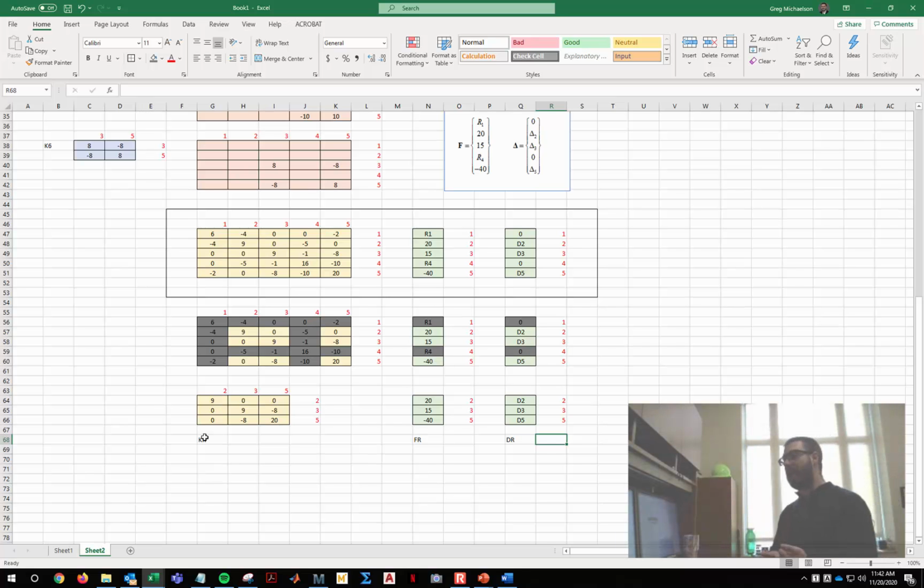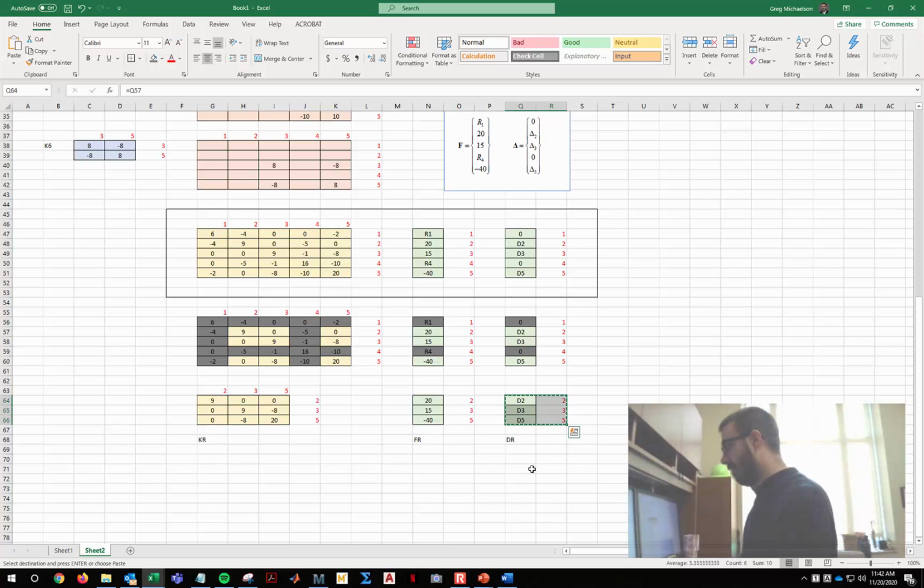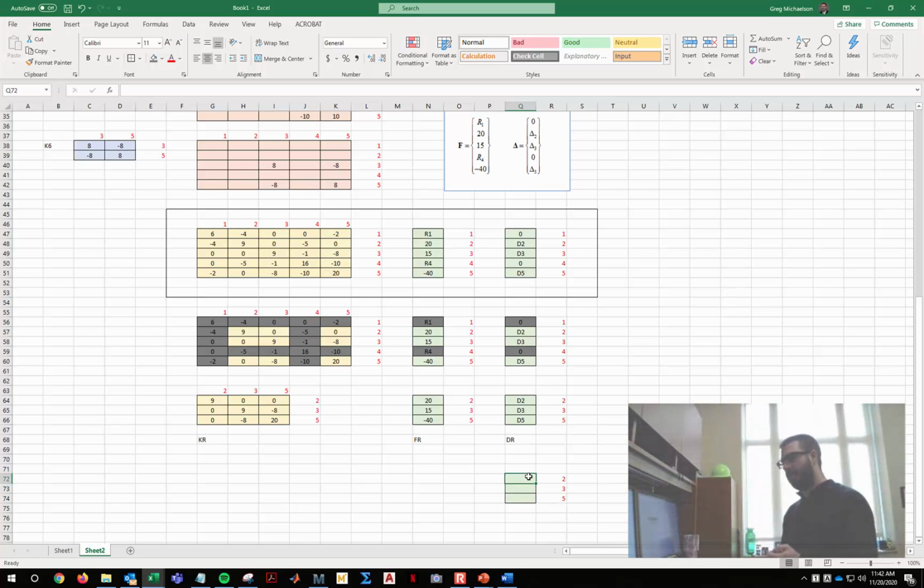And so now we've applied our boundary conditions, and the next thing I need to do is invert the K matrix and multiply it by the force vector in order to obtain these displacements. So maybe what I'll do is copy this down here, and then how do I do that? Well, let's see.